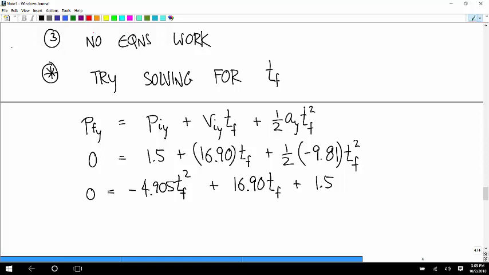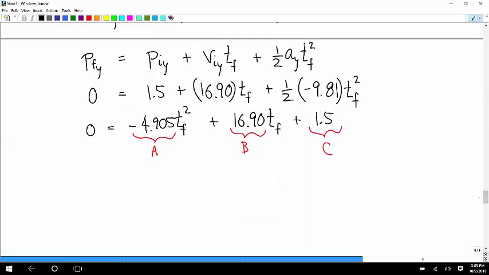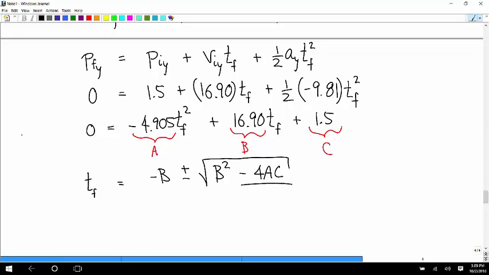All right, so for the quadratic formula, this is A, this is B, this is C, and the formula says TF is going to be equal to negative B plus or minus the square root of B squared minus 4AC, all over 2A.